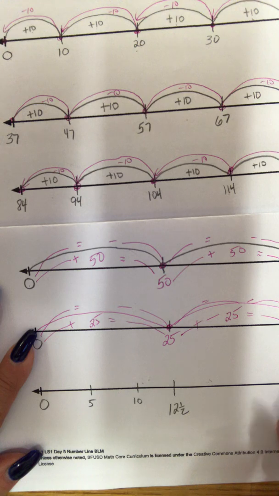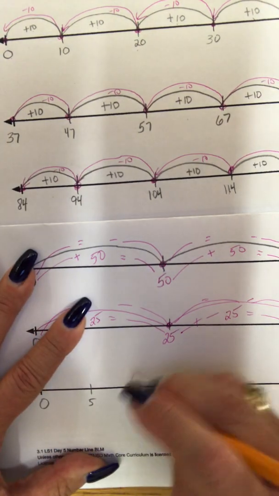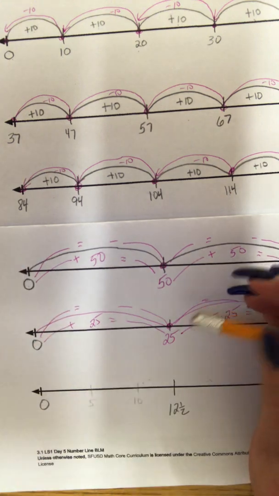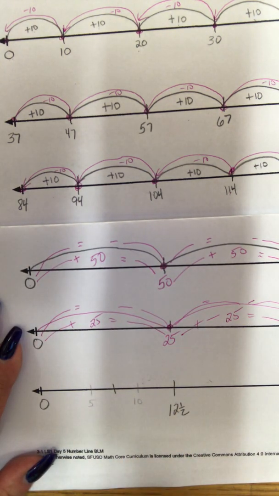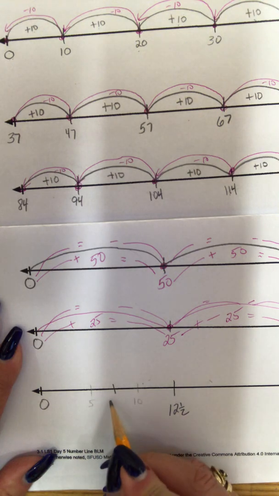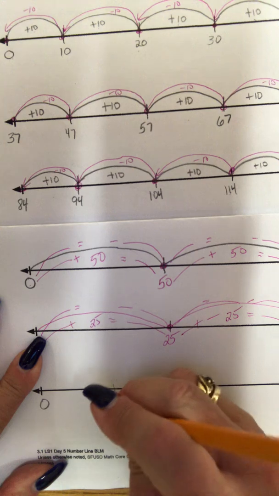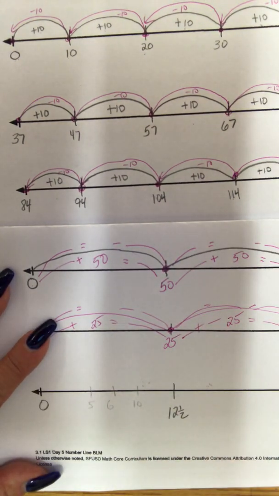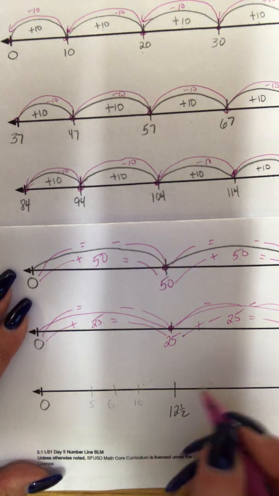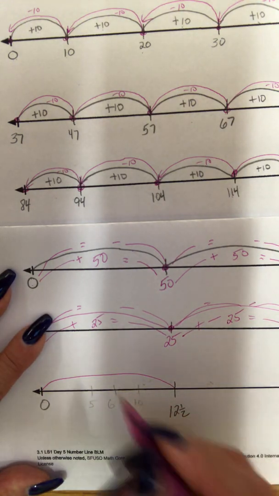No, I don't like that. Let's see, this is 12 and a half. What if that was 6? No, I don't like that either. Let's just leave it at that. We're going to get to fractions on another day. I don't want to dive deep into fractions today. That's not my point. 12 and a half.